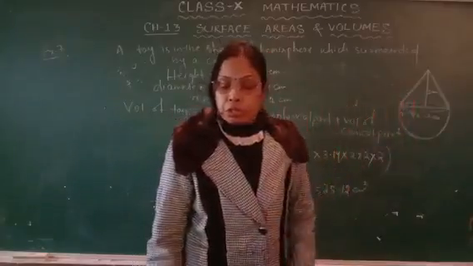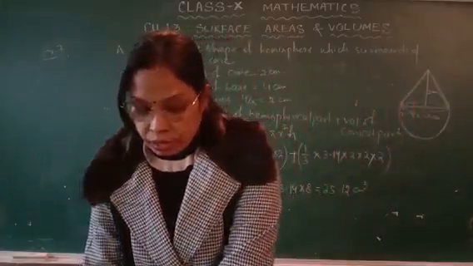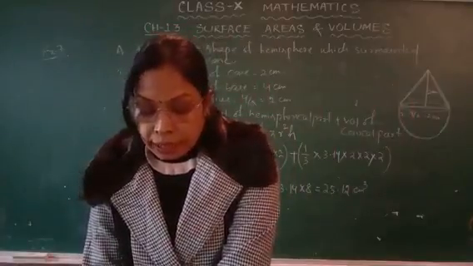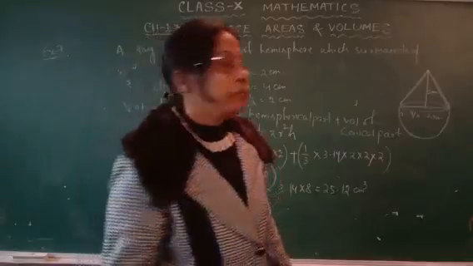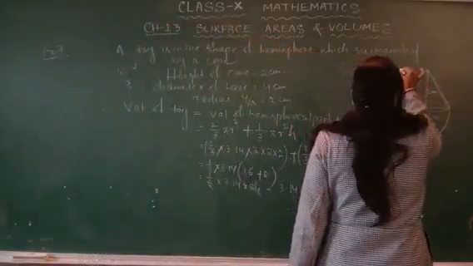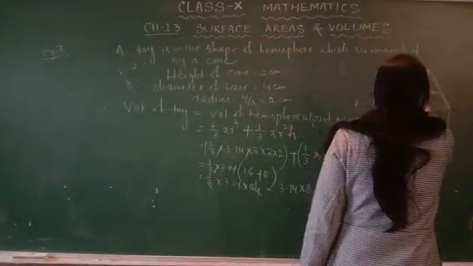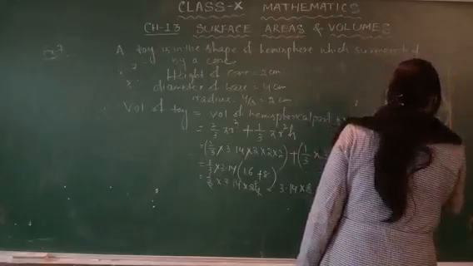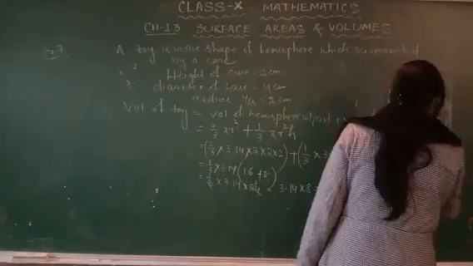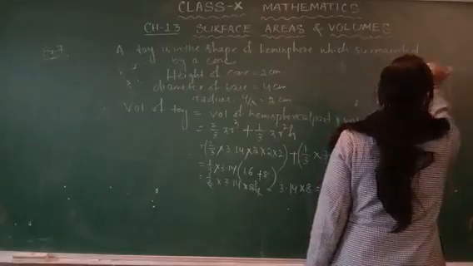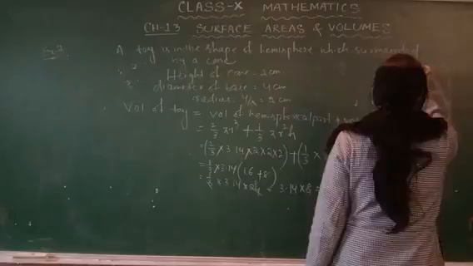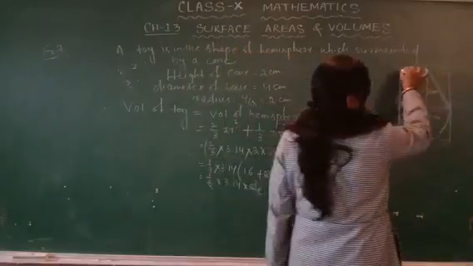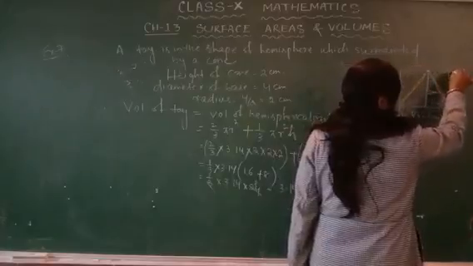But again, what did the question say? Now if a right circular cylinder circumscribes the toy. Here a right circular cylinder circumscribing the toy.